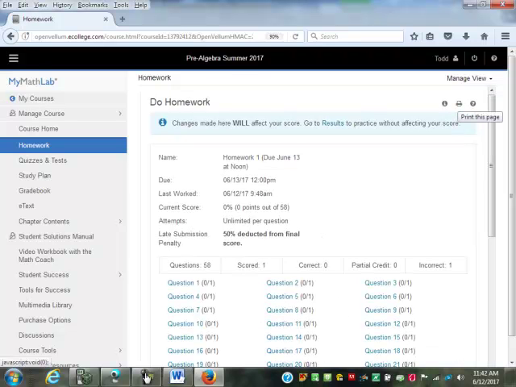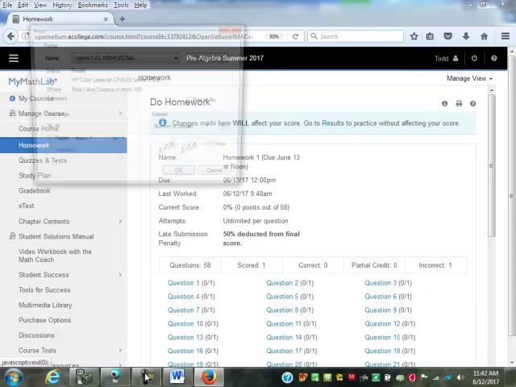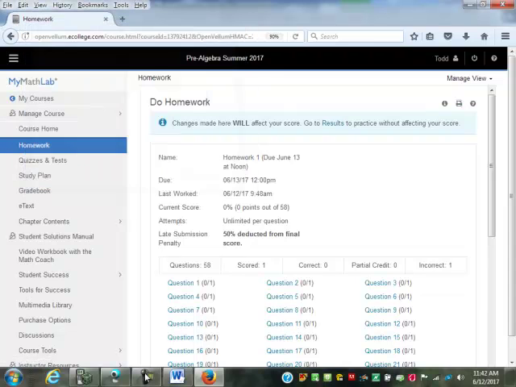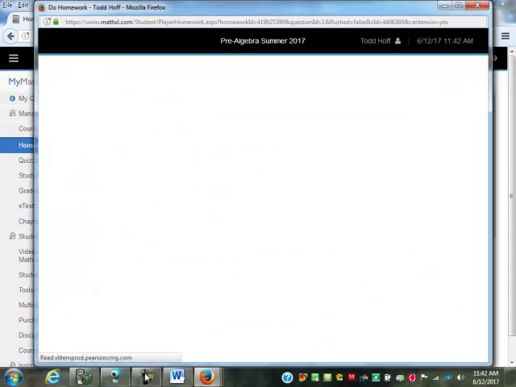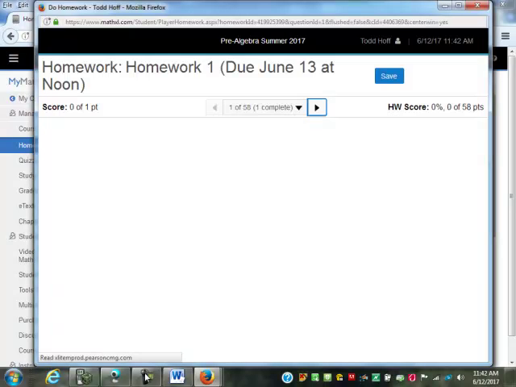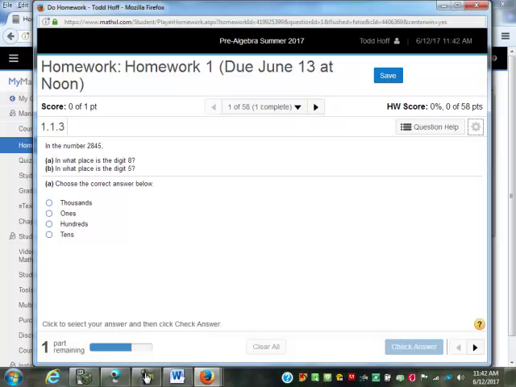Right up here you can just click on print. It should give you options. That might just print this page, so you may have to open a question, and once you open a question, then hit the print up here somewhere. There it is, print. At the very least, you can print it question by question. But if you're thinking about just working them out before you enter them in, you do have multiple chances to enter them, so you may not need to print them out, especially this first assignment.